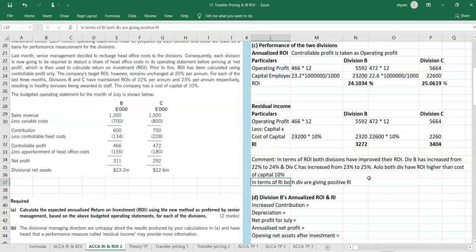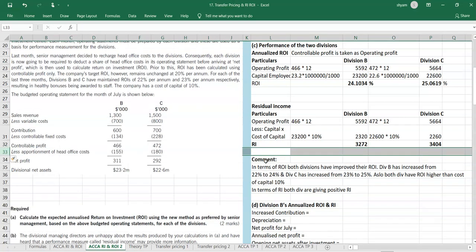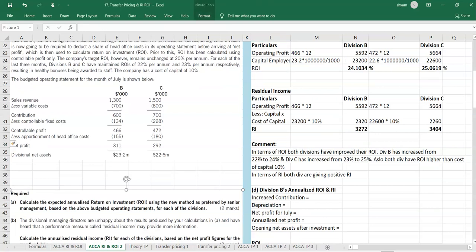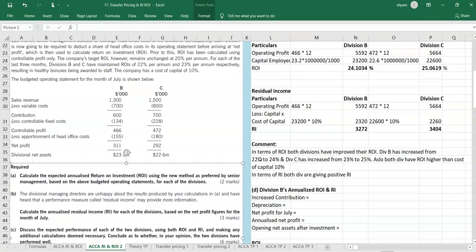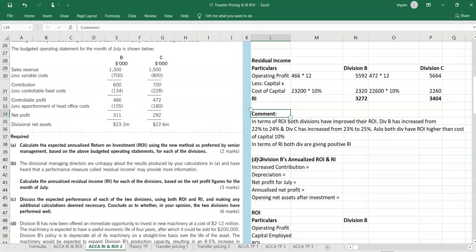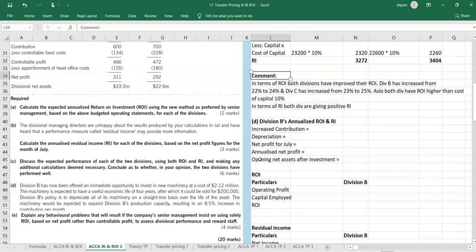So I think that would be enough. So that's about the commenting part here. We have finished our C. So we have D and E.